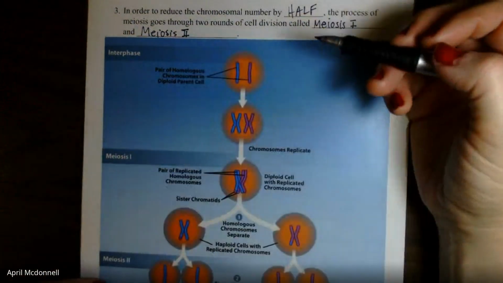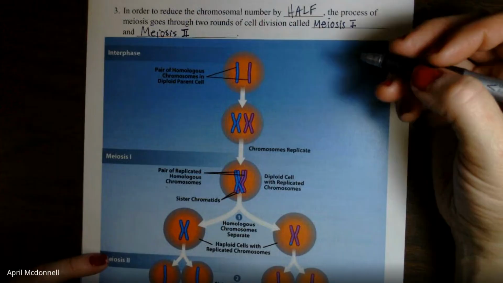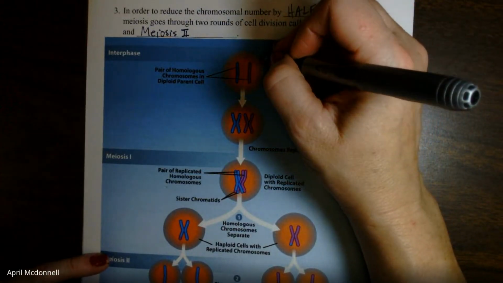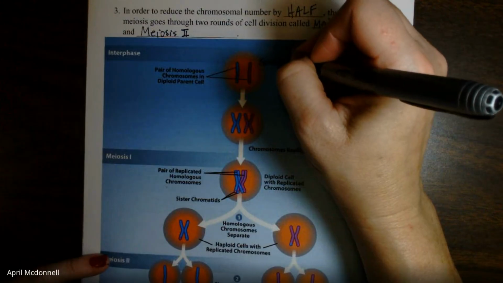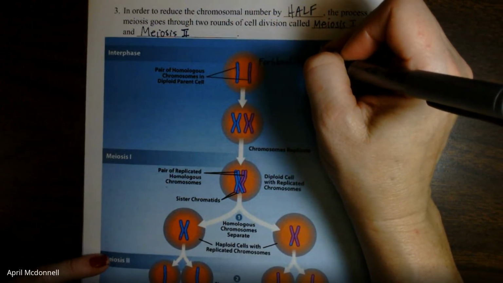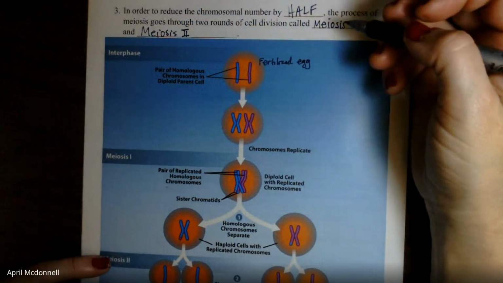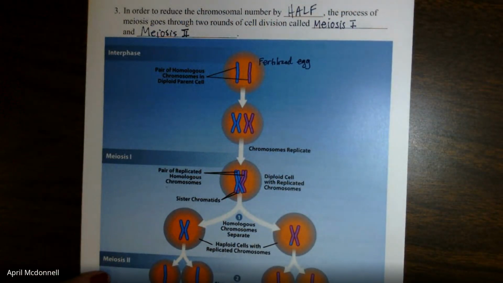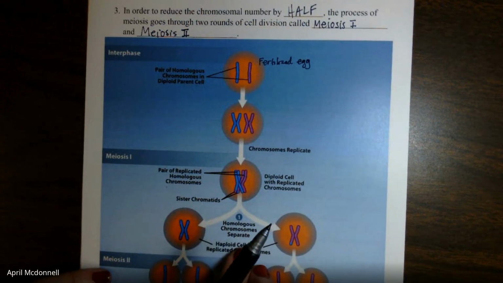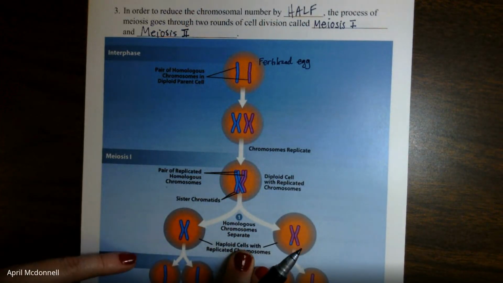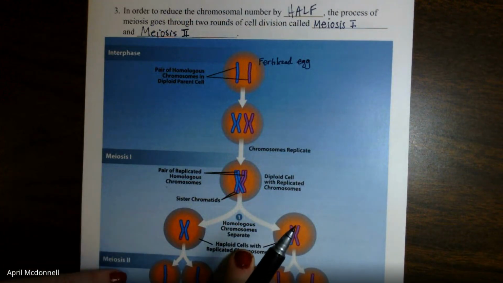So here we have our fertilized egg. And then our fertilized egg goes through G1, S, and G2.